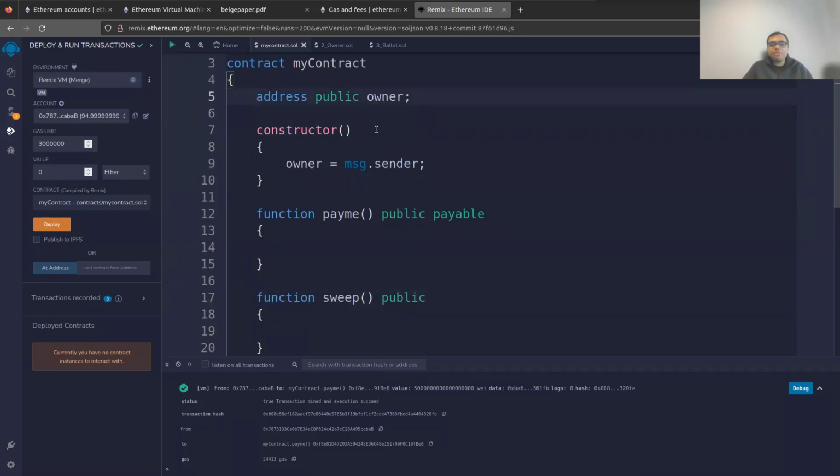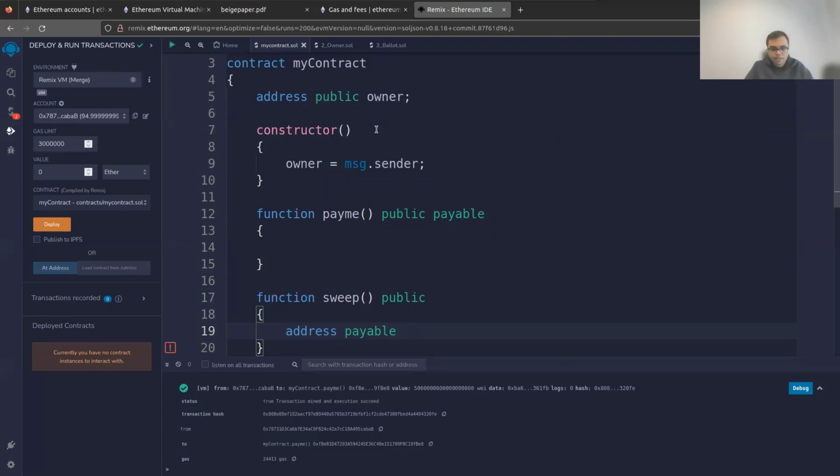So in order to make sure that you don't pay someone inadvertently, in Solidity, we have address and we also have address payable. And address payable is a different kind of variable. It's a different type. And the idea here is that you can only send money to an address in your contract if it's of the type address payable.